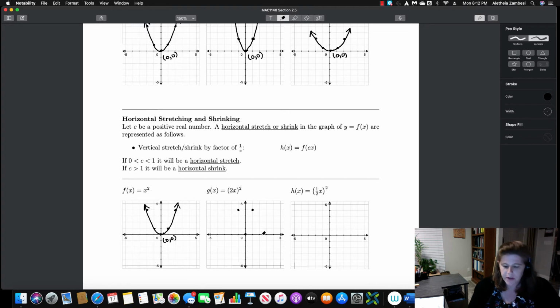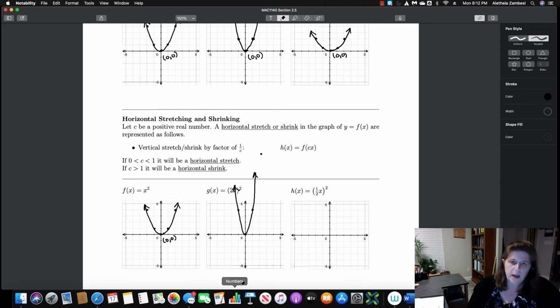Now if I plug in 2, 4 on the inside squared gives me 16. So I'm way up here already at 2. This one is super skinny and narrow, very stretched up high. Much more emphasized than the vertical stretching.